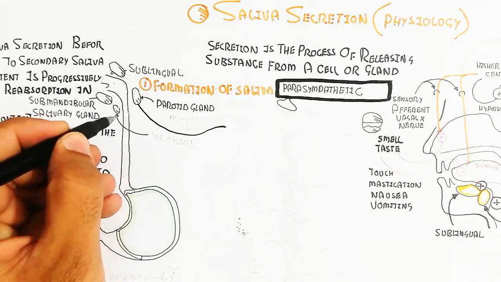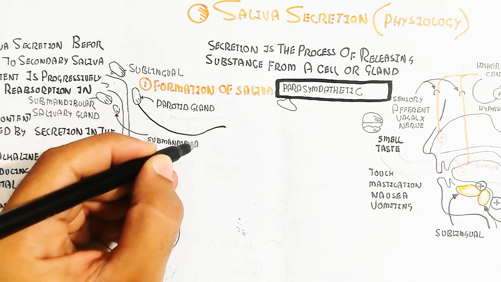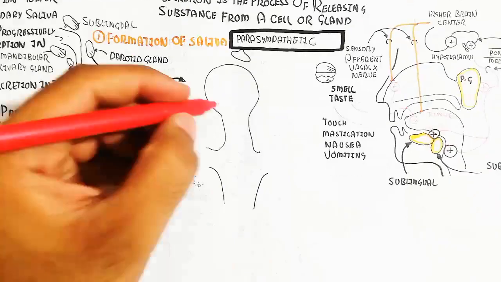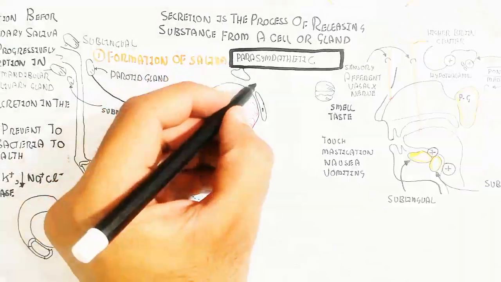Let's understand about the salivary gland. It is a glandular structure containing many acinar cells.